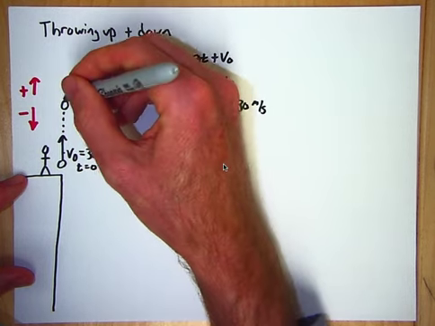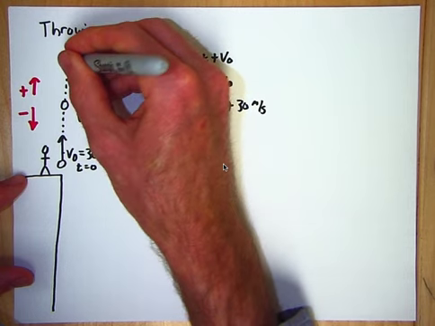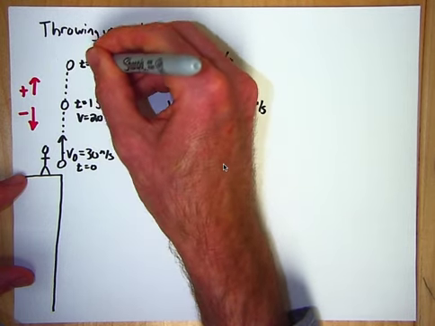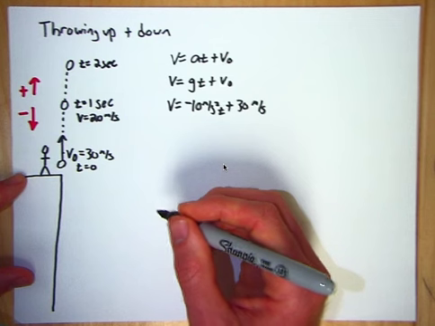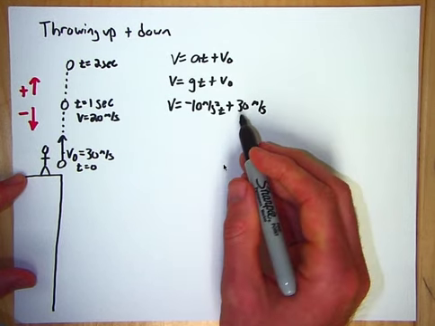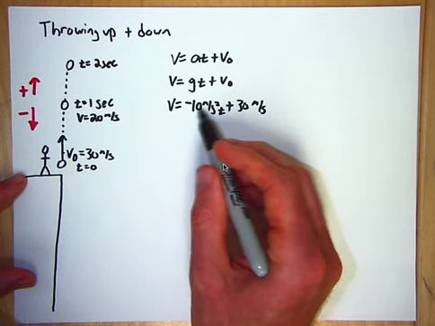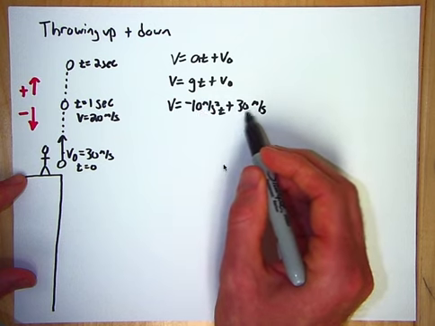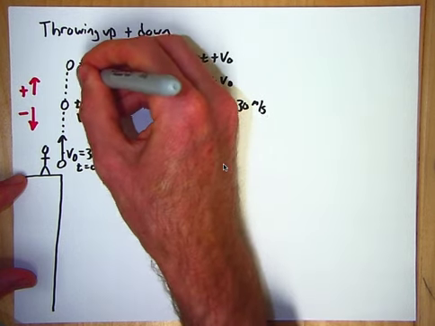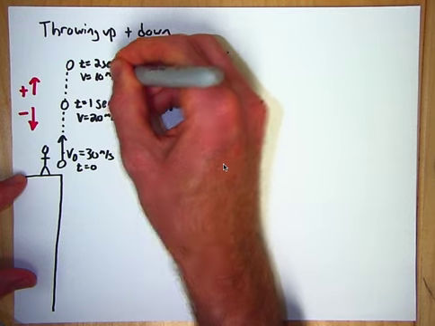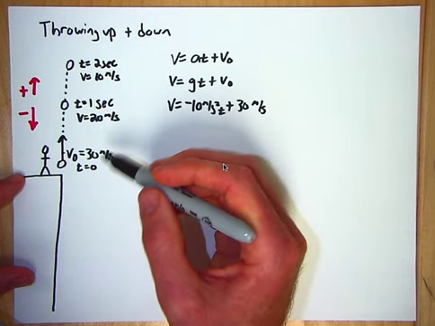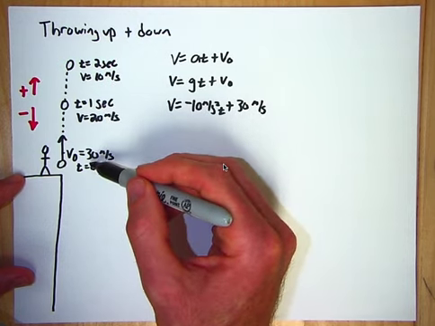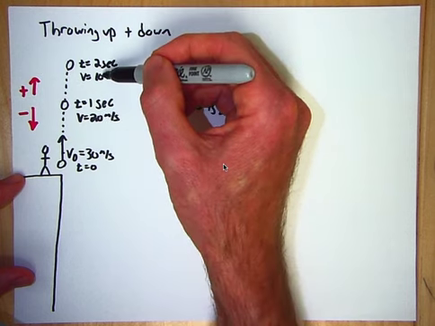If you just want to logically think it out, 30, gravity takes away 10 every second, and you go to 20, then we can figure out at 2 seconds, t equals 2 seconds. Plugging it in here, I can do the exact same thing. 2 times negative 10 gives me negative 20, plus 30 gives me 10 meters per second. Or I can just think about it logically. Gravity, start out at 30, 1 second later you're going 20, 1 second later you're going 10, right?